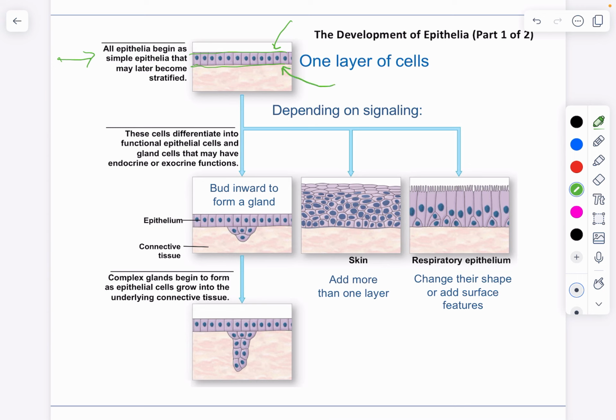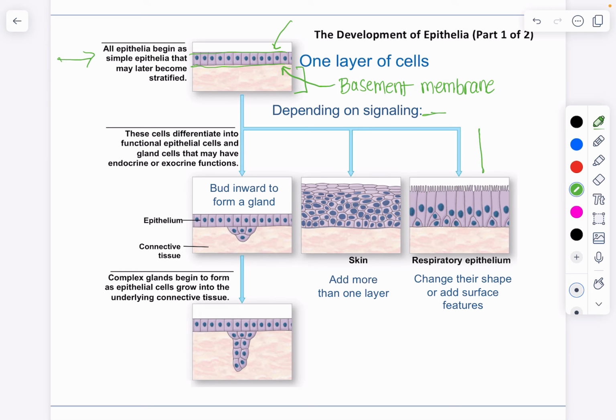And how do I know that? Because there is connective tissue here, and it is attaching it to the basement membrane. Okay, so everything starts out that way. The epithelial tissue all starts the same. And then, depending on the signaling, you can get various changes to occur to that epithelium.